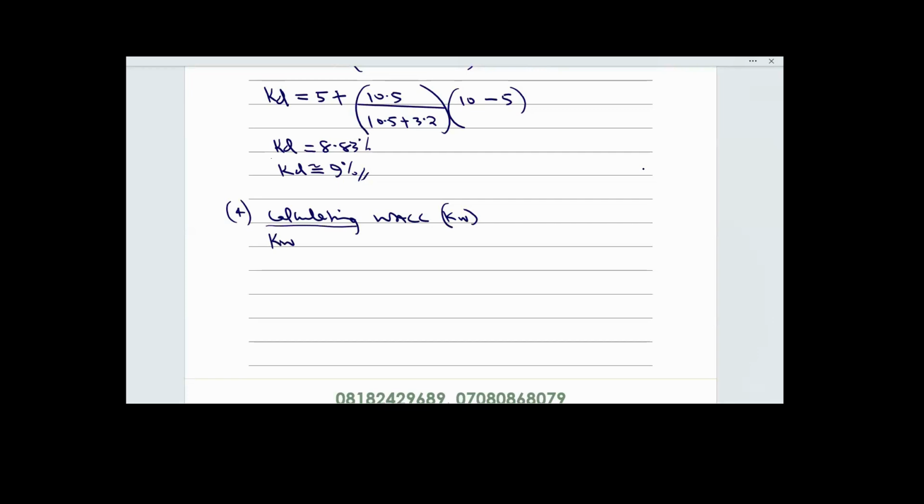Therefore, WACC is equal to equity value divided by equity plus preference plus debt, because we have the three of them, multiplied by cost of equity, plus market value of preference share divided by equity plus preference plus debt, multiplied by cost of preference share, plus debt value divided by equity plus preference plus debt, multiplied by after tax cost of debt.